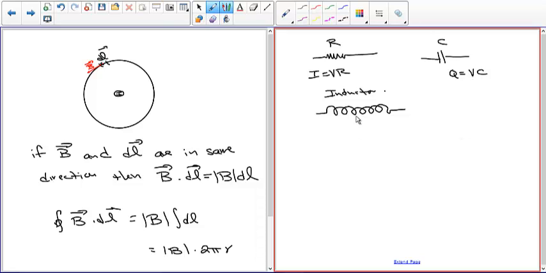And it turns out that for this electrical element, the voltage is equal to a constant, which we'll call L, times the rate of change of the current with respect to time. So this is voltage. This is what we call inductance. And this is just the rate of change of current.